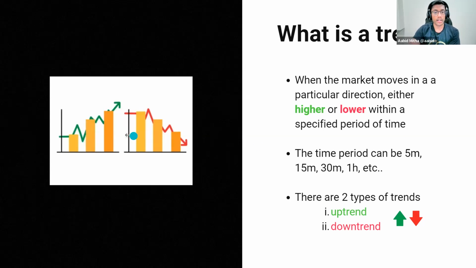So if you look at the graph on the left-hand side here, we can see three blocks of bars, right? You can call this a bar graph. And you can see as we move towards the right-hand side, the bars within the bar graph increase in size. So we can see this is showing some sort of an upward trend or an upward direction, right?